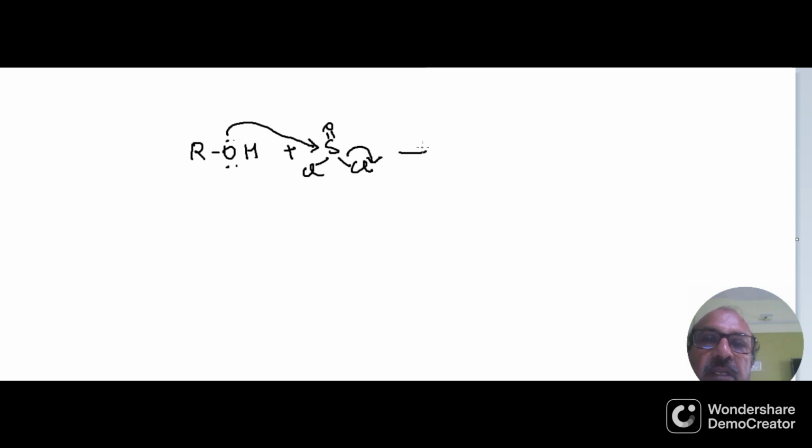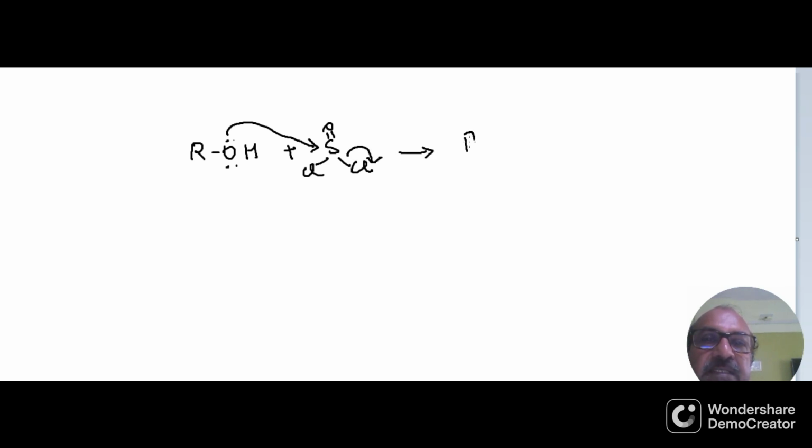What really happens is that this ROH combines with this SOCl2. This lone pair of electrons attacks this sulfur and it enables the chlorine to go out.